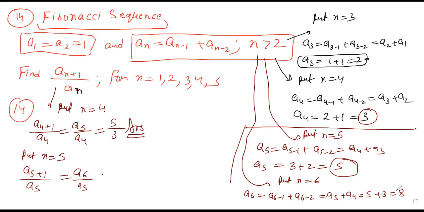A6 is 8, A5 is 5, so 8 by 5 is the answer. So students, we got all the answers, whatever we needed we have found. So exercise 9.1, am I right? Yes, 9.1 exercise is completed and clear to all.